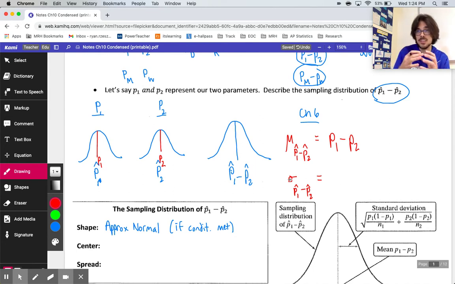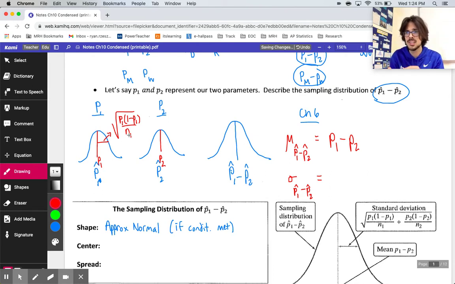And then you would add the variances together. So the standard deviation for my first guy over here was like a little formula. It was square root of p times 1 minus p over n. I'm going to go p1, 1 minus p1 over n, and I'm going to put a 1 on the n as well, because it might be a different sample size for my second group.